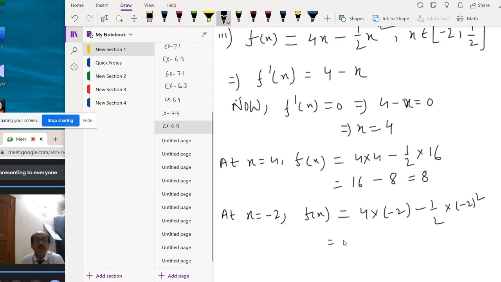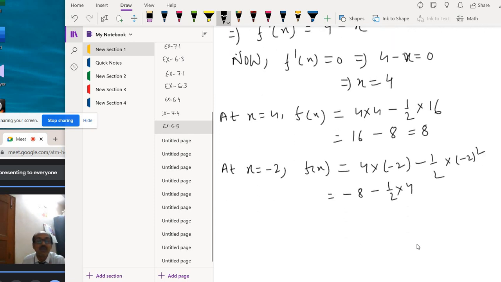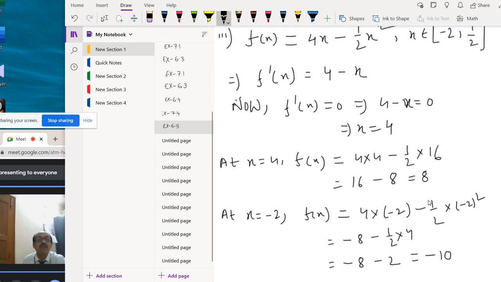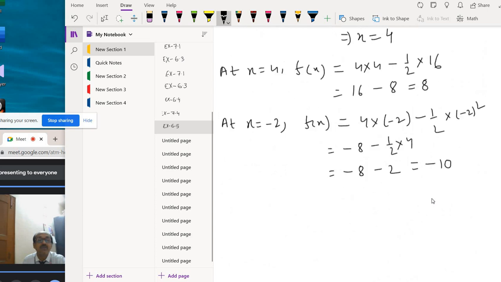So 4 into -2, -8. And minus half into 4, minus 2. Then minus 8 and minus 2, so minus 10. Minus 10. So another point, 9 by 2.